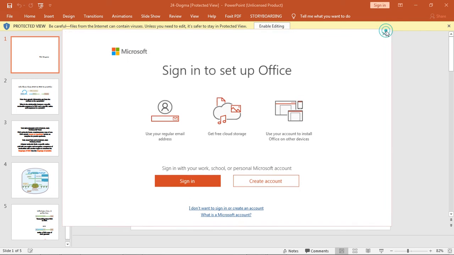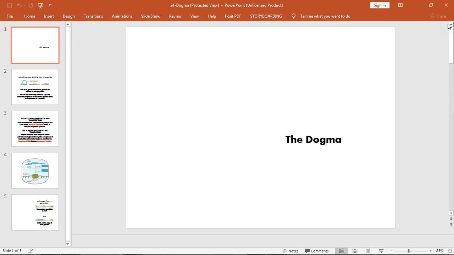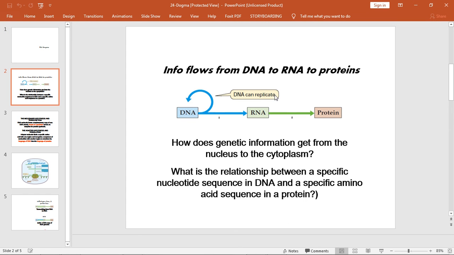The dogma: information flows from DNA to RNA to proteins. DNA to RNA to proteins.